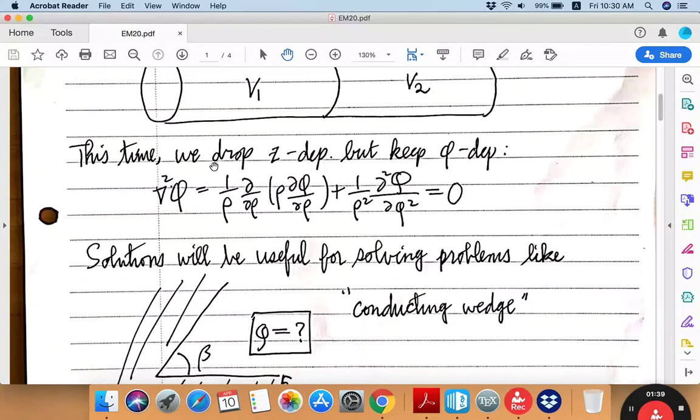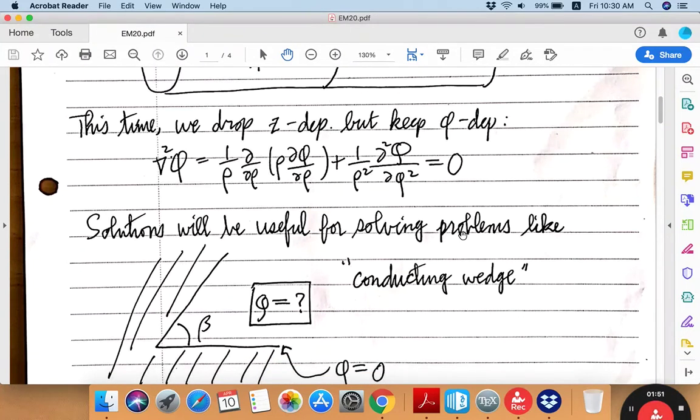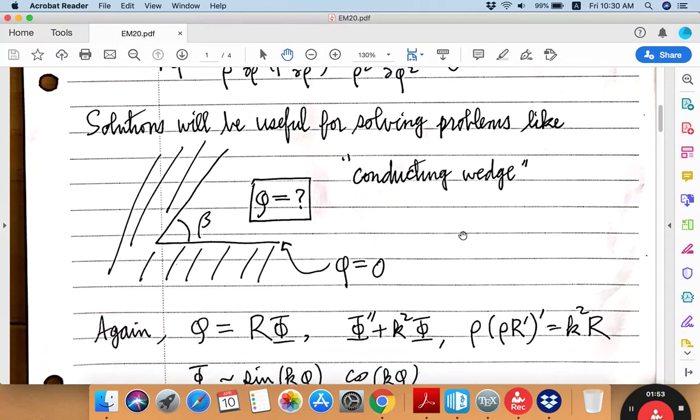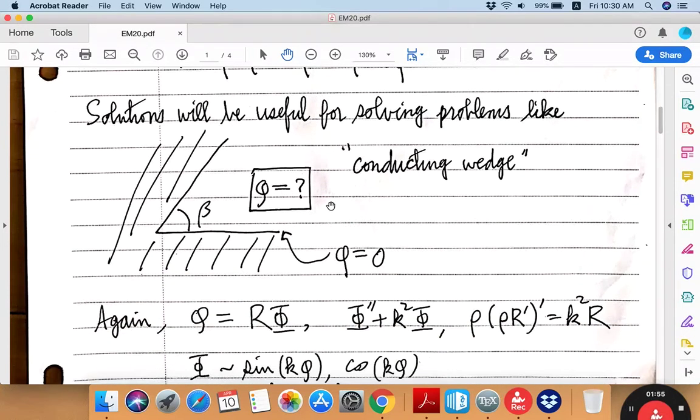And therefore, the equation that we'll be interested in solving this time will be looking like this. And the solutions to this problem will be useful, for example, for solving problems like this.